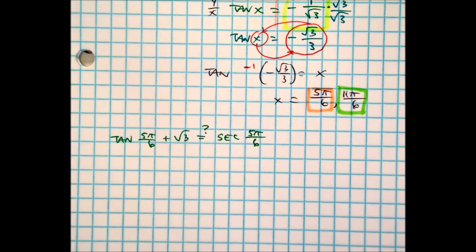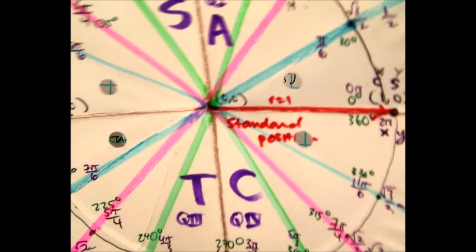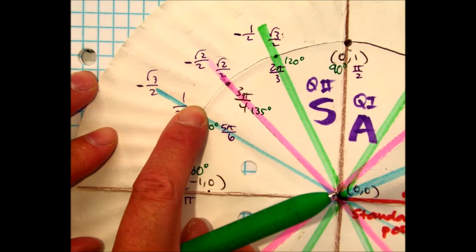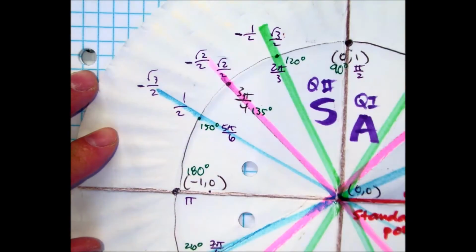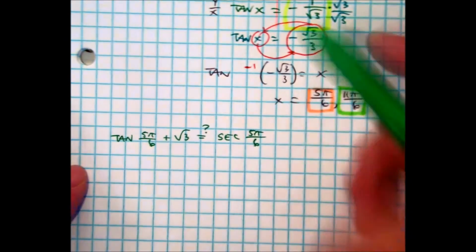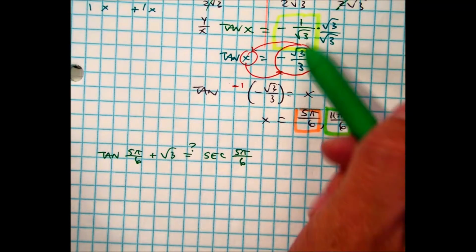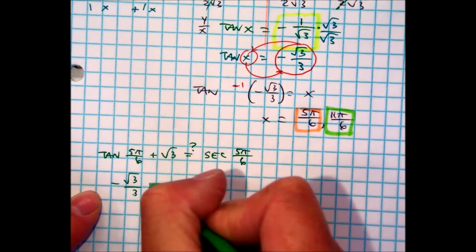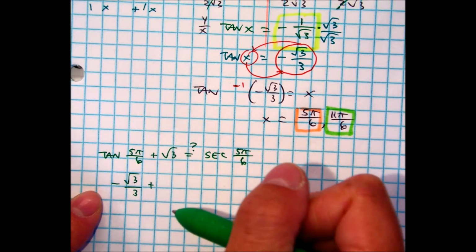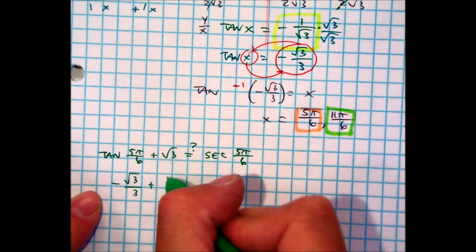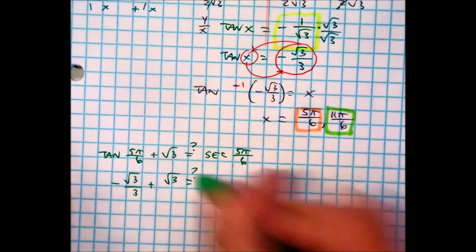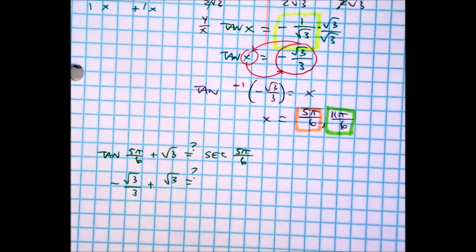Tangent at 5 pi over 6, we were just there, is negative 1 over radical 3. Or if you rationalize it, we already have it above, it's negative radical 3 over 3. Plus radical 3. And is that equal to secant at 5 pi over 6?